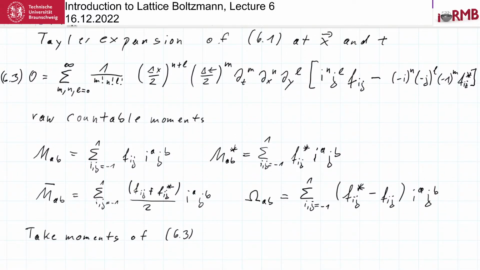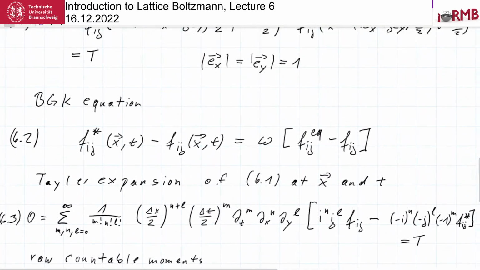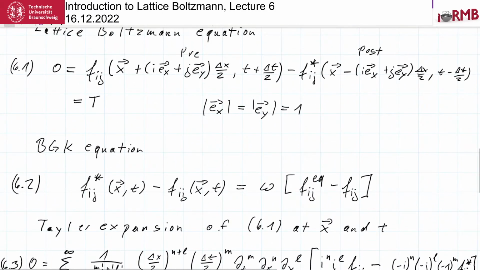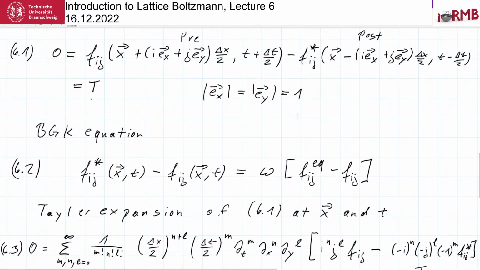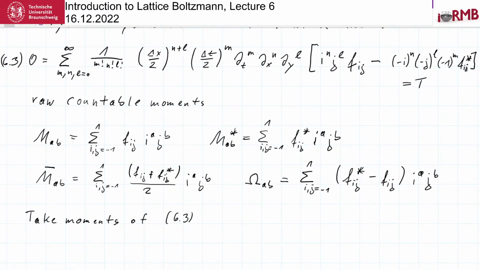I said before that this is 0, and we call this thing T, just to give it a name, even though we know that it is 0. This T here is the same T that we have here, because this is the same equation, just the Taylor expanded version, and because the Taylor expansion goes to infinity, it is, so to speak, complete.